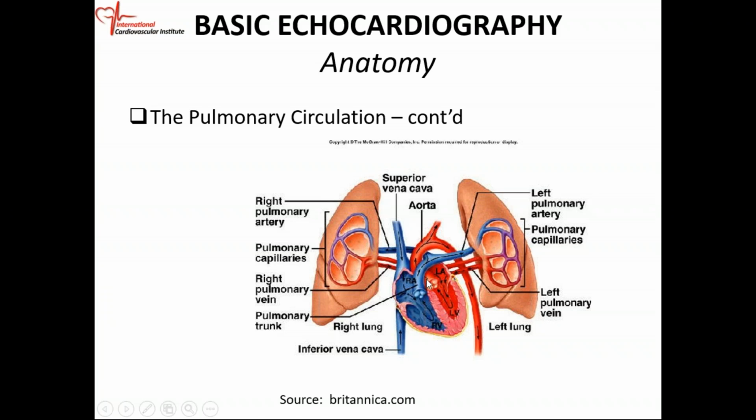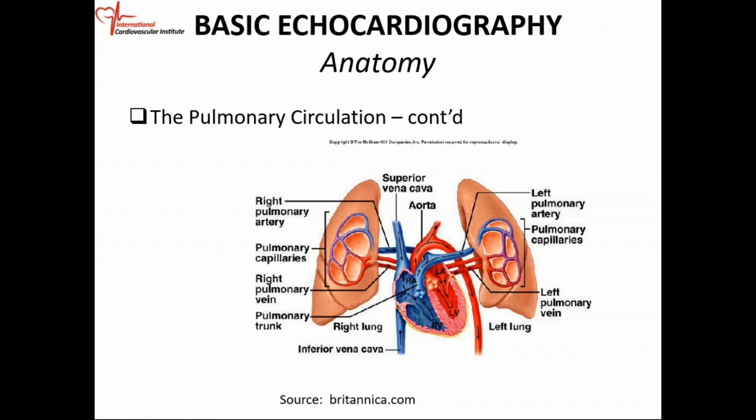The lowermost portion of the aorta we call the aortic root, and then when the aorta goes up, we call this the ascending aorta because it ascends. And then when it curves, we call this the aortic arch. And then when it comes down, we call this the descending aorta.